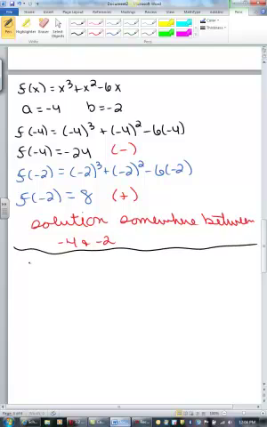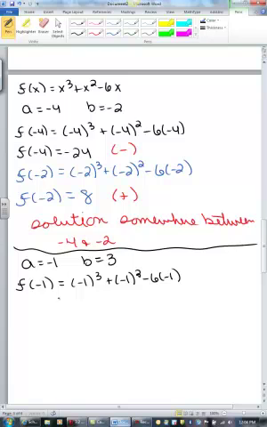We're using the same function, so we're going to find f of -1. -1 cubed is -1 plus -1 squared, which is +1, so this is going to equal 6.